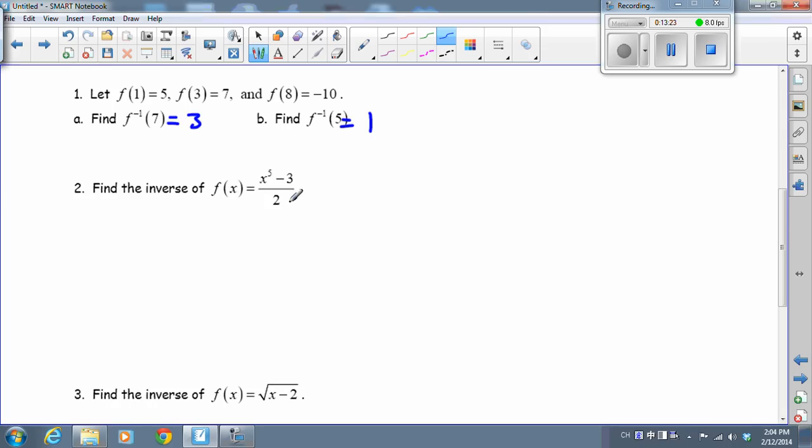Find the inverse of f of x. To find the inverse of a function, you will replace the x values. By the way, this is the same thing as y is equal to x to the power of 5 minus 3 over 2. The first thing you do when you have such a function is to replace your y value by x and replace your x value by y. And from here, all you have to do is solve for y.